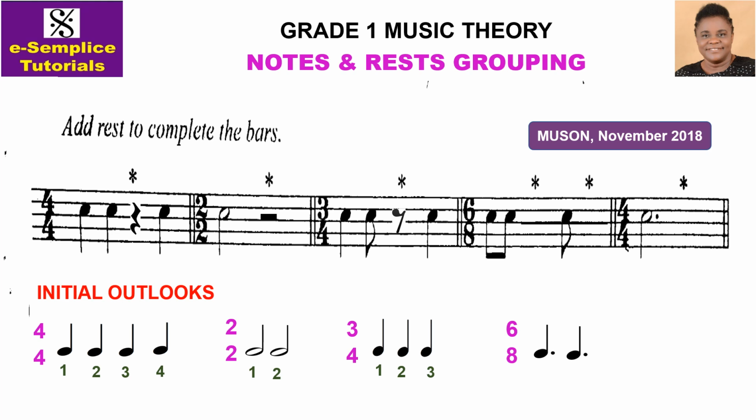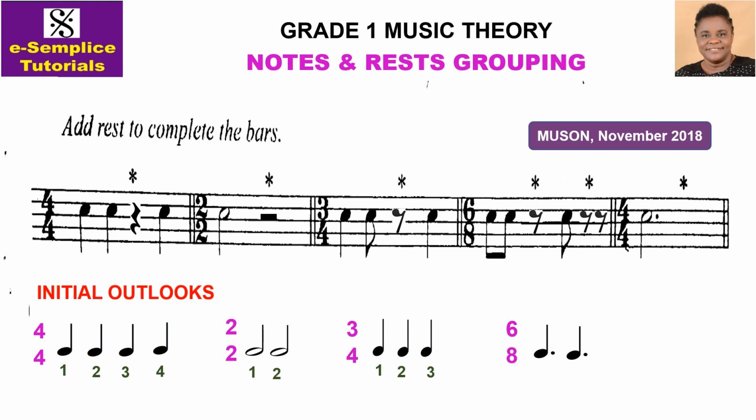In 6/8 time, the first beat is a dotted crotchet, but we have only 2 quavers at the beginning, so that means we need to add another quaver to balance the first dotted crotchet, and what will balance it will be a quaver rest. Now the second dotted crotchet starts with a quaver, so that means we need 2 more quavers to balance the dotted crotchet beat, so we will just add that.